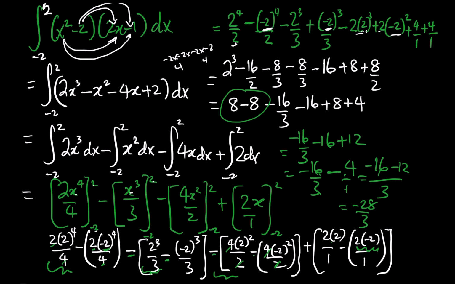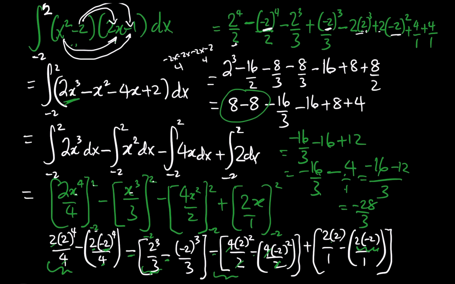We started off by doing x squared minus 2 and 2x minus 1. We're multiplying them together. We expand, and when we expand, we had our 2x cubed minus x squared minus 4x plus 2 dx, and we integrated them together.